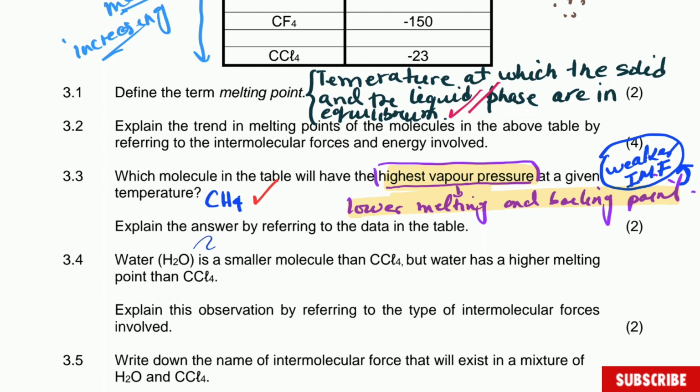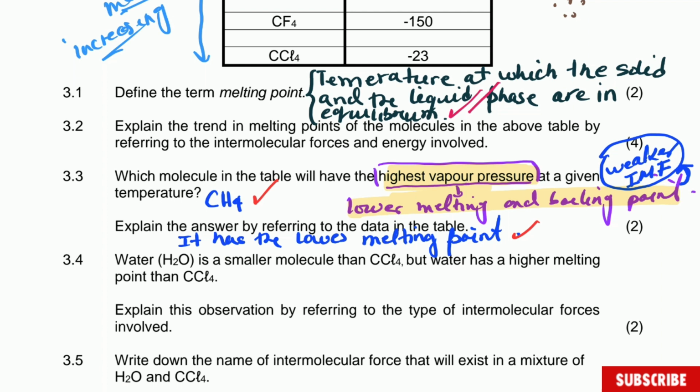So all you have to say is it has the lowest melting point, and we are done with that. It has the lowest melting point. That is another mark for that.